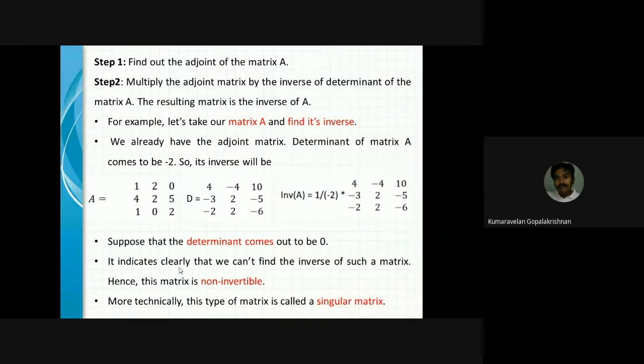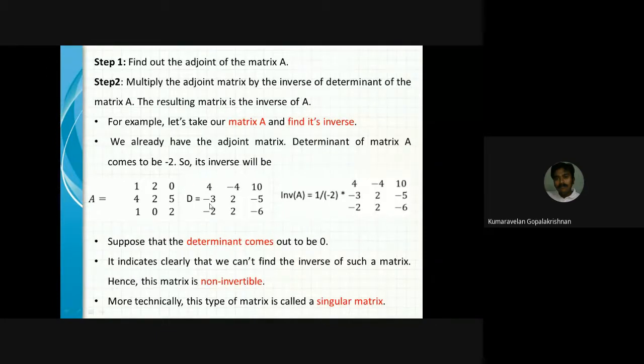This is my A matrix, the given matrix. The first thing I have to do is find the adjoint of A. Now, multiply the adjoint matrix by the inverse of the determinant of matrix A. Then the resulting matrix is the inverse of A. Let us see.